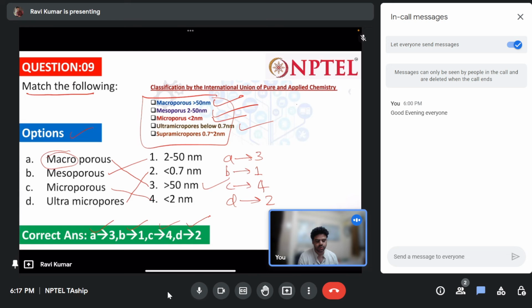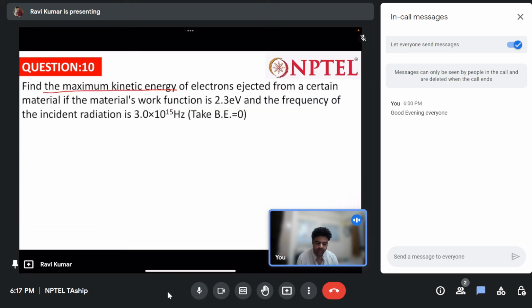So let's move to the next question, which is a numerical. Here we can see the maximum kinetic energy of electron ejected from a certain material if the material work function is 2.3 electron volt. So here this work function phi is given as 2.3 electron volt, and frequency of incident radiation, this nu, is given as 3 into 10 raised to power 15 hertz.